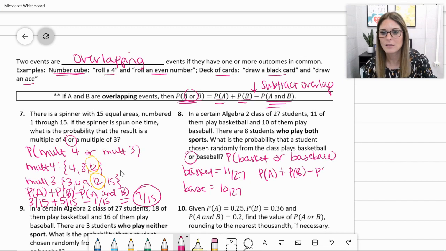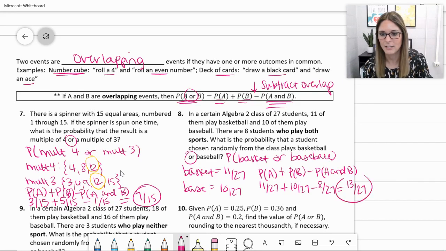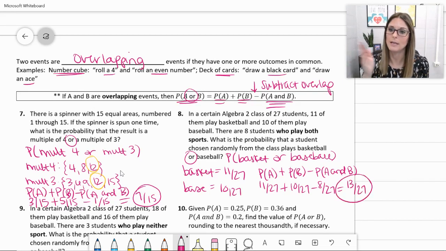And then we've got to subtract the students that play both, A and B. Okay, so we've got 11 over 27 plus 10 over 27. Who played both? 8 out of 27. Simplify, and we are going to get 13 out of 27 is the probability of students who play basketball or baseball in this Algebra 2 class scenario on number 8.